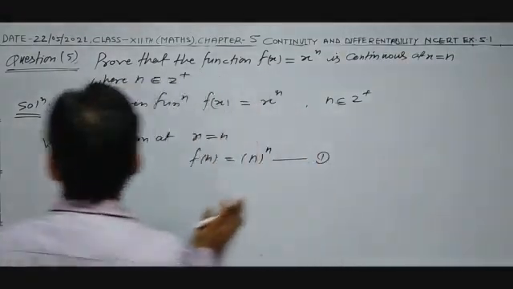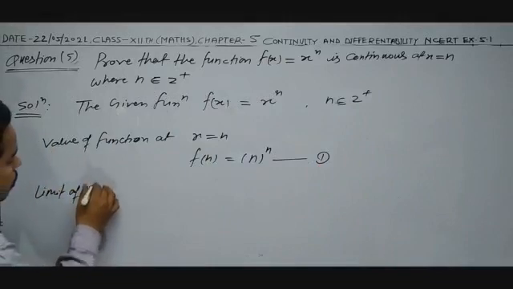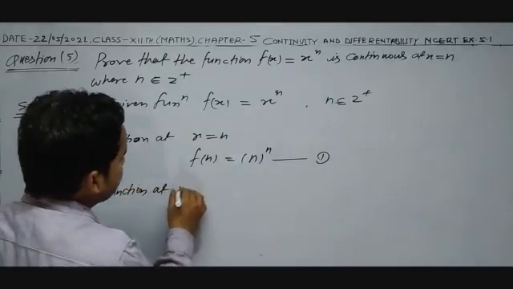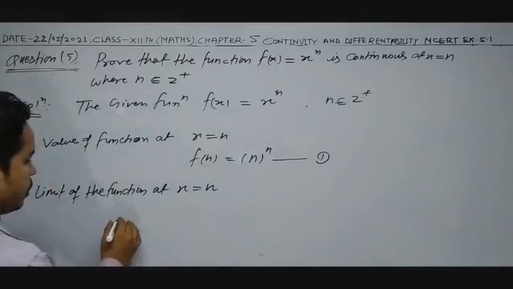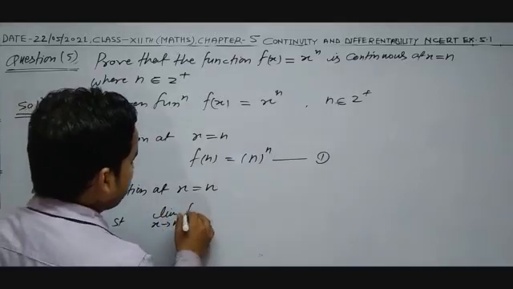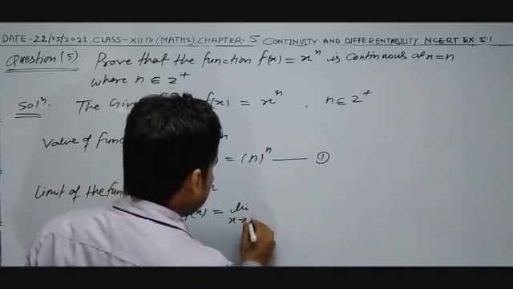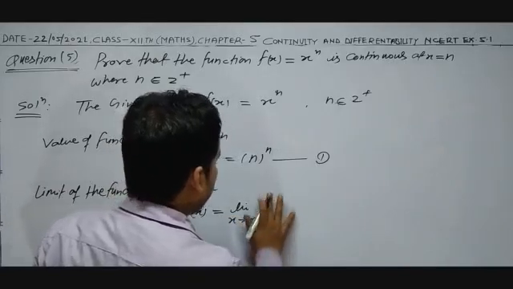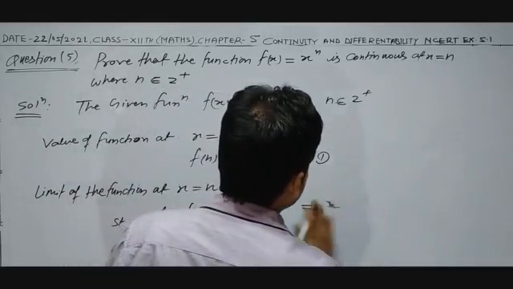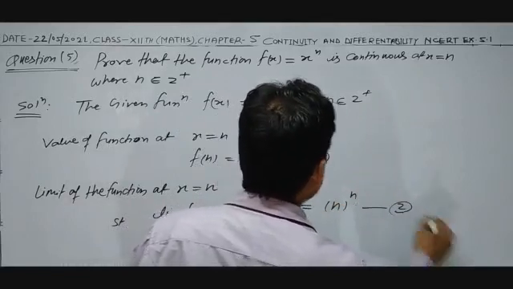So consider this equation 1. And the limit of the function at x equal to n: limit as x tends to n of f(x), and f(x) is x to the power n, this implies n to the power n. So this is equation 2.